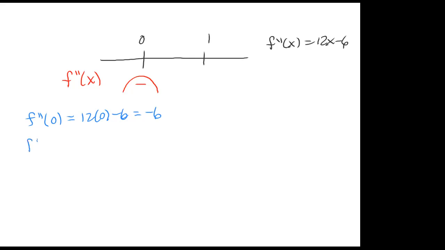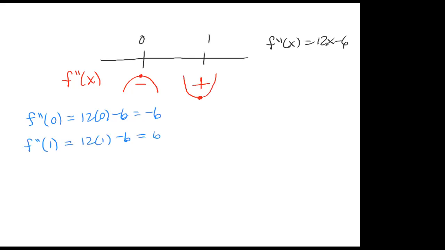F prime prime of 1 is equal to 12 times 1 minus 6, which is equal to positive 6. I care about the sign, which is positive, so the graph is concave up. This critical point lies right at the top of that concave down portion, and this critical point lies right at the bottom of that concave up portion.